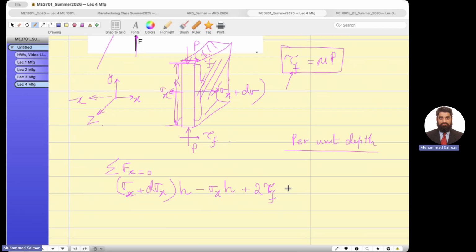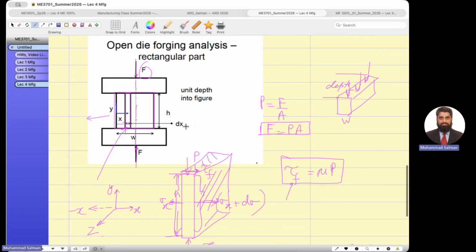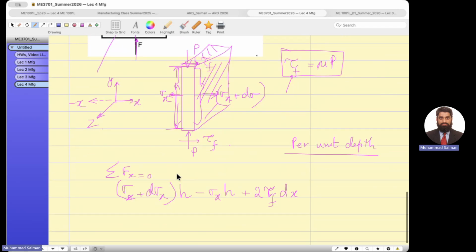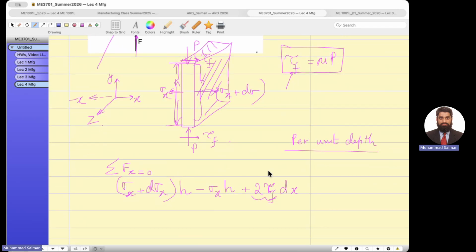And then multiply by dx. This is the dx. You see, this is small dx. You understood that point? The friction force equals mu times p times 2 tau flow. It is over here as well as at the bottom.